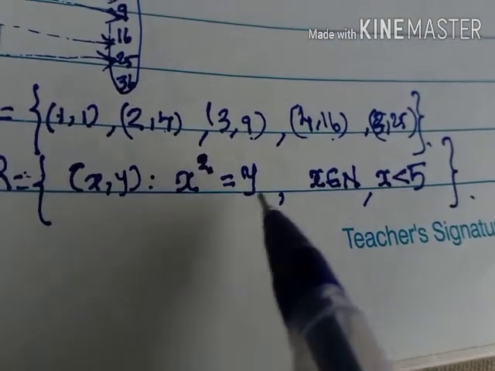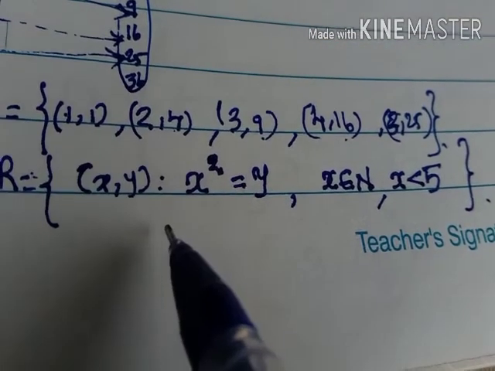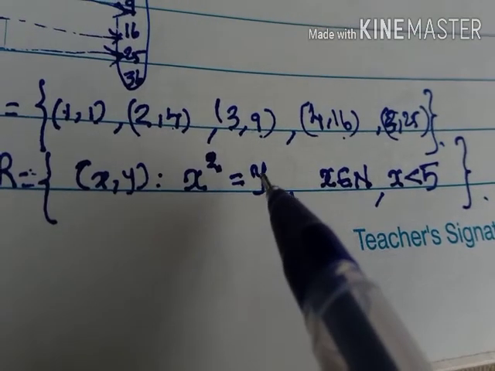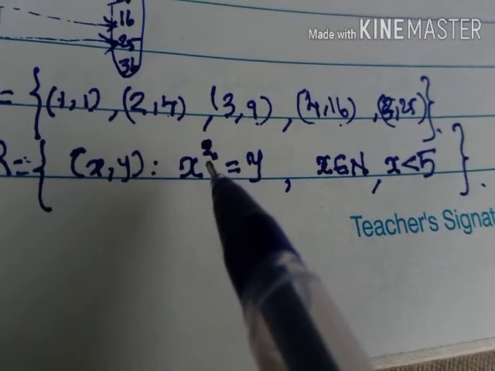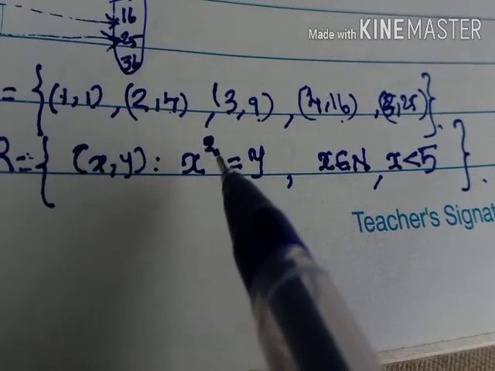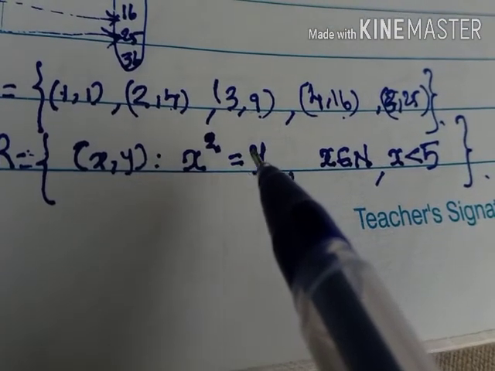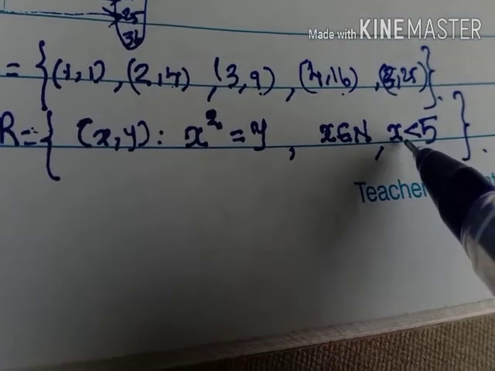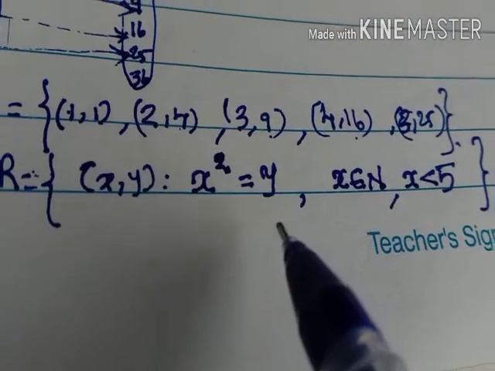So this is the relation. Or you can write the set of all (x, y) such that y is the perfect square of the first element, for x up to 5.